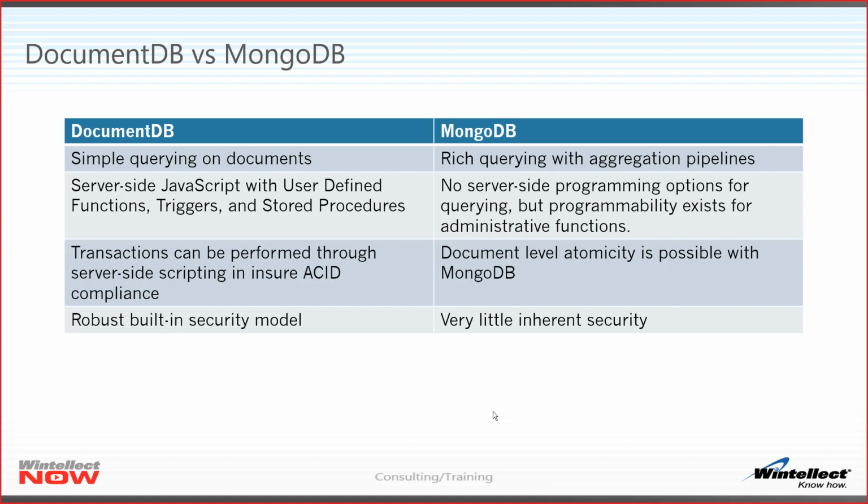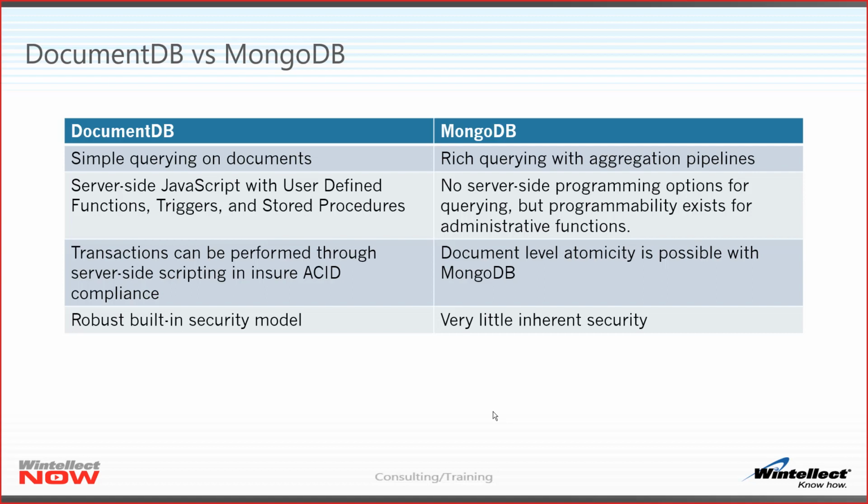The atomicity in Mongo is at the document level, while in DocumentDB it's at the transaction level. So if you need to update multiple documents in DocumentDB, you can create a stored procedure and update multiple documents in the same transaction.